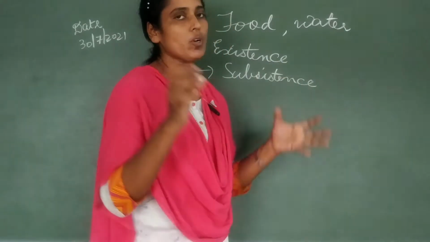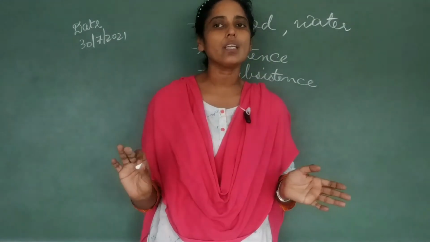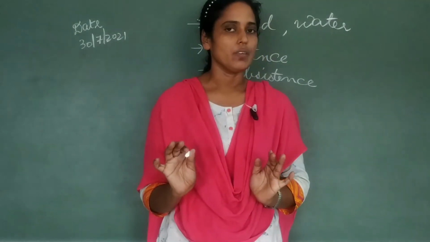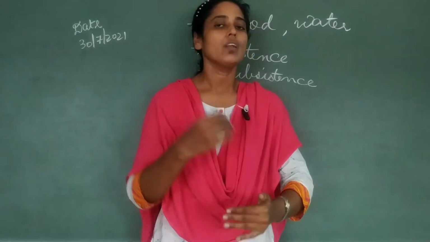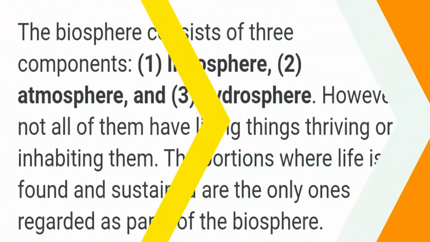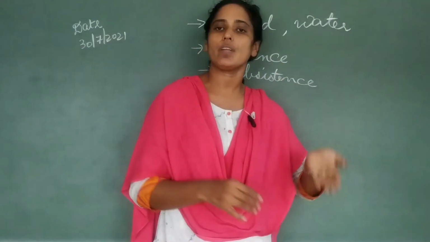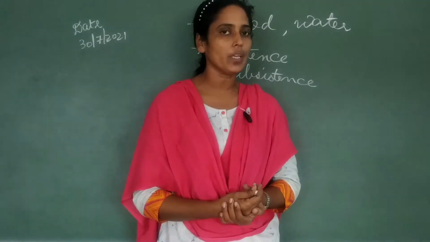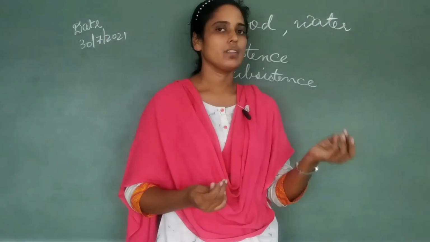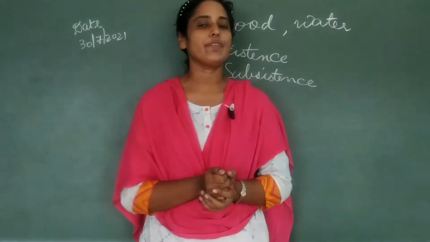The maintenance and support system of all life forms, including human beings, is based completely on biosphere. Why? Because production of food, consumption of food, doing all economic activities, everything is done in this biosphere. Why? Because biosphere is a combination of lithosphere, atmosphere, and hydrosphere, and life is existent over here.